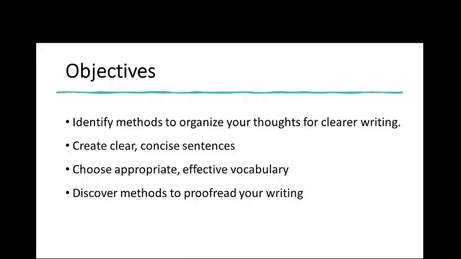Next, we'll discuss the don't ramble. We'll also talk about how the words you choose can either make your writing more effective or harder to understand. Finally, we'll take a look at some of the tools and methods that are available to you to help you edit and proofread your writing.